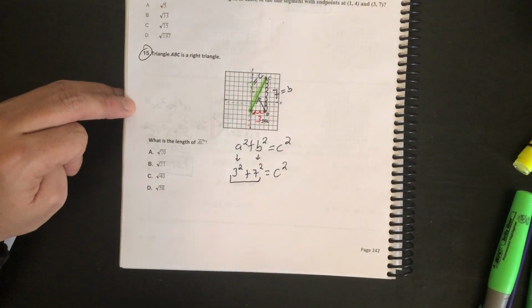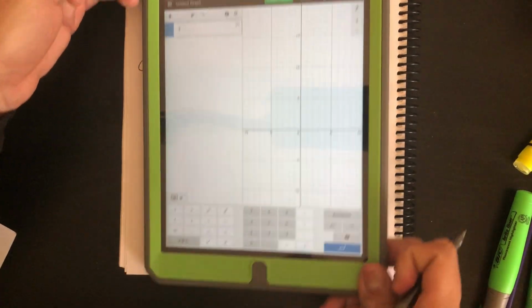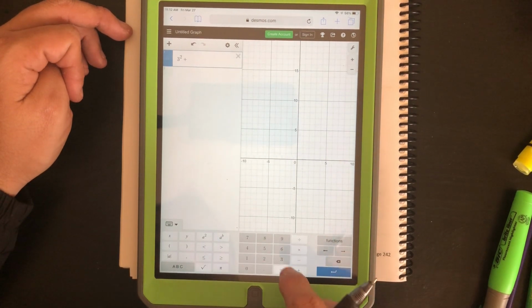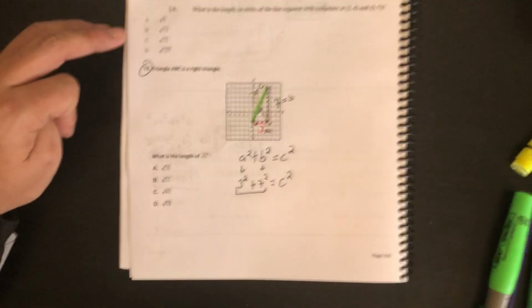Using Desmos, I'm going to plug in 3 squared plus 7 squared, which gives me 58.